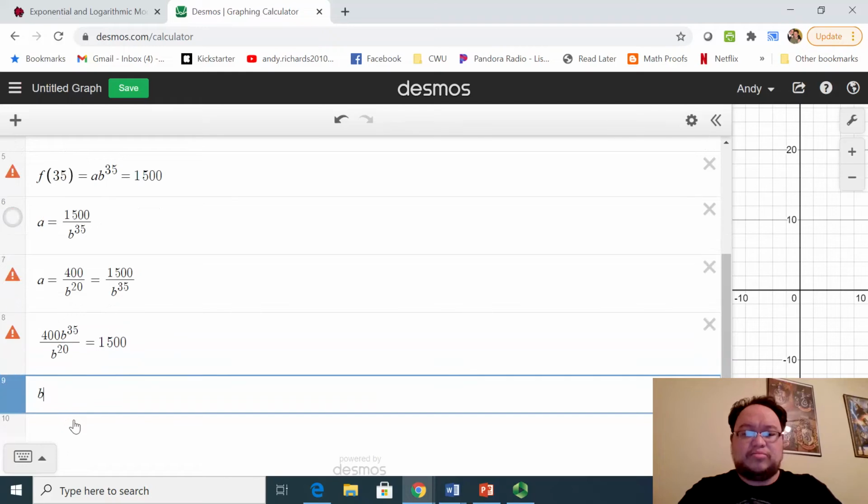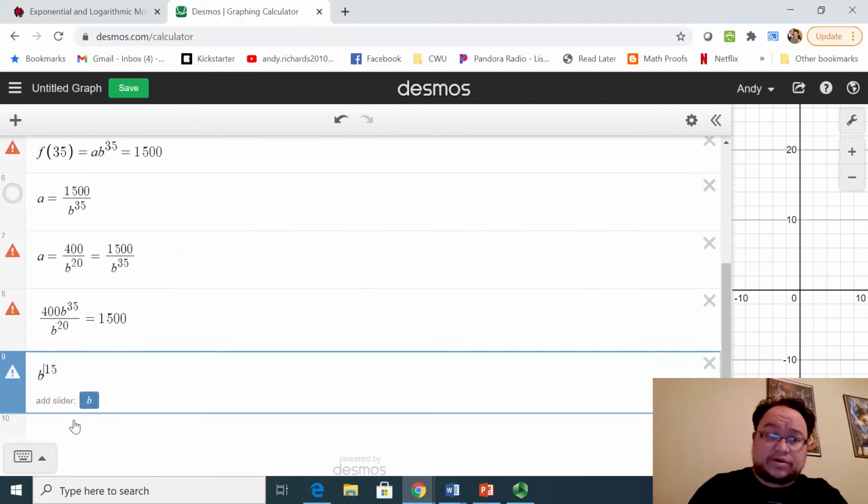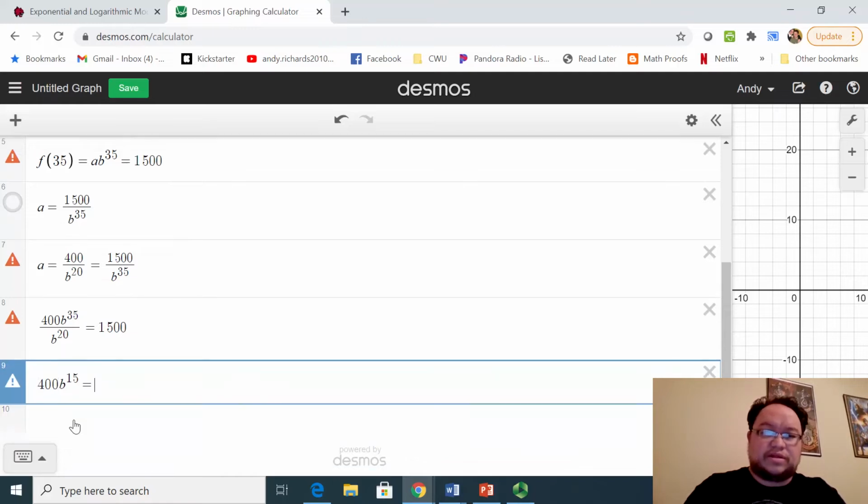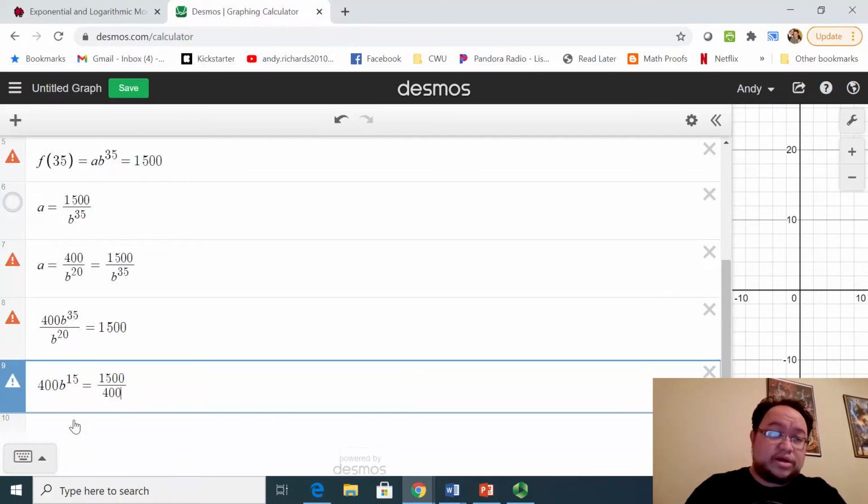That gives us b to the 15th left over. So we have 400 times b to the 15th equals 1,500. We could solve this for b now. We can see that we're getting through the tricky part of the problem. This may be the next step that would be challenging.